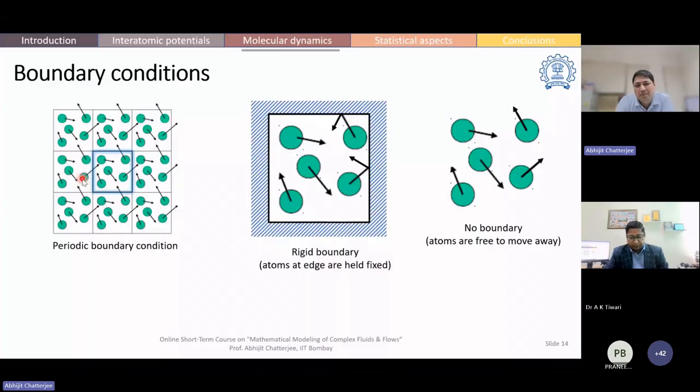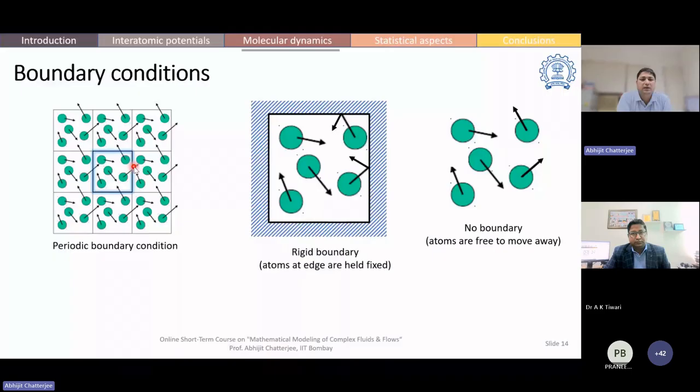That same particle will appear in a periodic box and it will be moving into my central box. So in a periodic system, everything seems to be repetitive in space, and any molecule which moves out from the box can be imagined to enter from the other side of the box. This is the periodic boundary condition which is implemented.